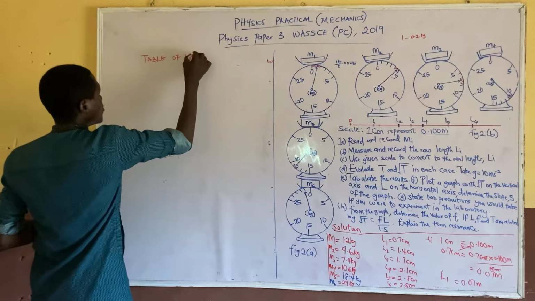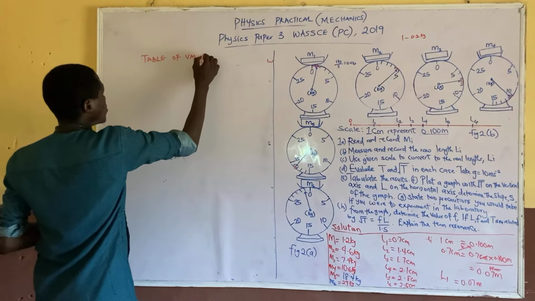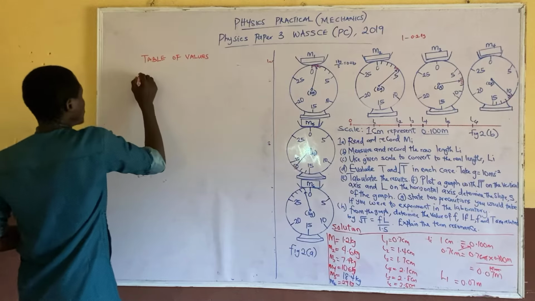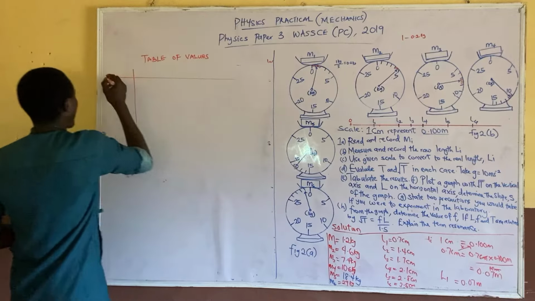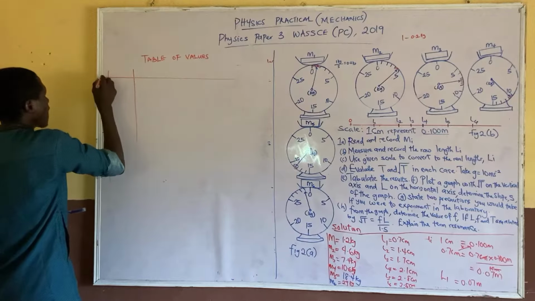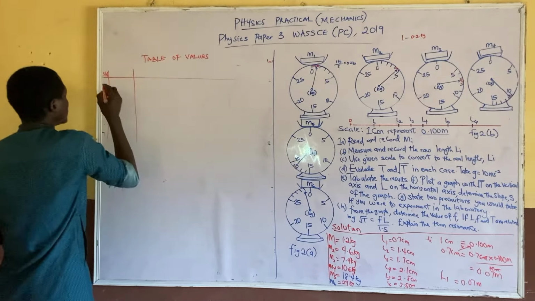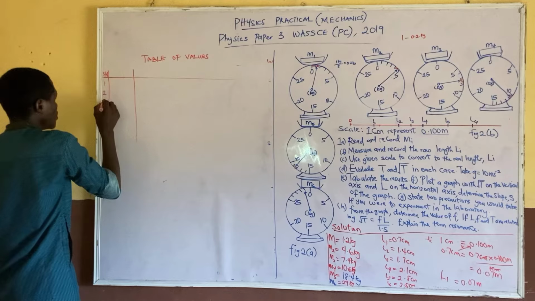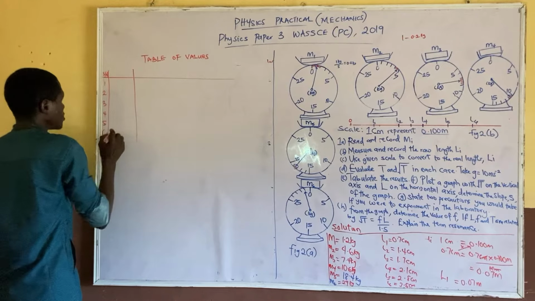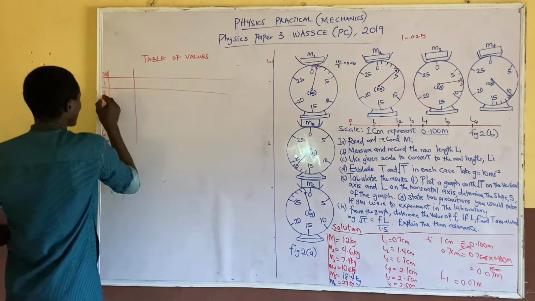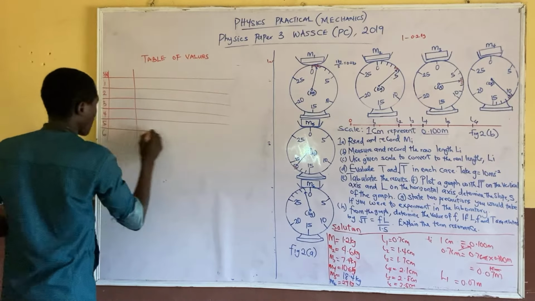Table of values. The first column here is the serial number: 1, 2, 3, 4, 5, and then 6.